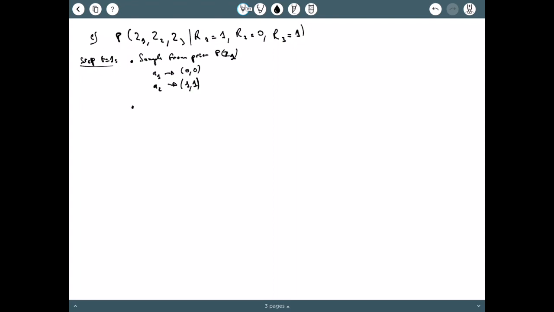Now we observe. Now what we observe is that R1 is 1, so we can weigh the two particles. So 0, 0 will have a weight of 1 over 2 times 1 over 4, so 0.8, and the other particle will have a weight of 1/2 because it has a location x that exactly corresponds to 1.